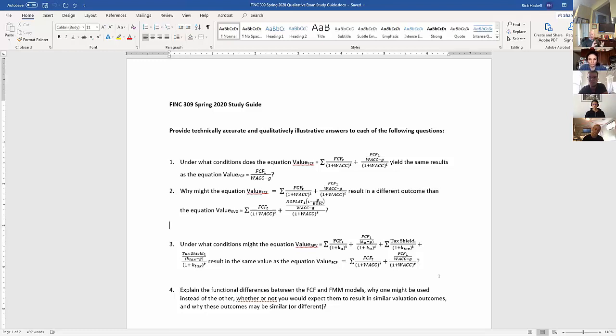And if you substitute KU for RE, and K-tax for RD, then you get closer to these two equations having similar outcomes. But even then, you're only getting closer. So there are some other adjustments that might need to be made.